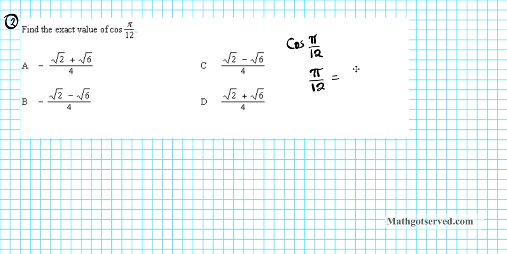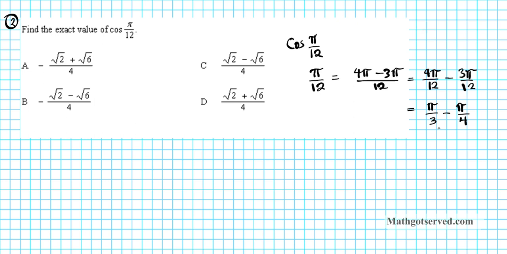So we can use 4 pi minus 3 pi, and both of them go into 12 over 12. And then we can reduce this into 4 pi over 12 minus 3 pi over 12. Okay, and then reduce this becomes pi over 3 minus, and this becomes pi over 4.